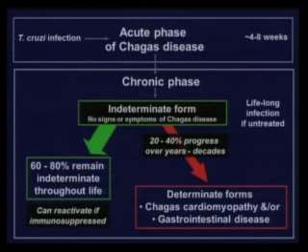And so you enter what's called the indeterminate form of the infection, and a good 60 to 80% of people will go through their lives and not necessarily ever know they have it unless it's reactivated from immunosuppression. But that other 20 to 40% of people progress to having the determinate forms of the cardiomyopathy or gastrointestinal disease. Now these are unpleasant.